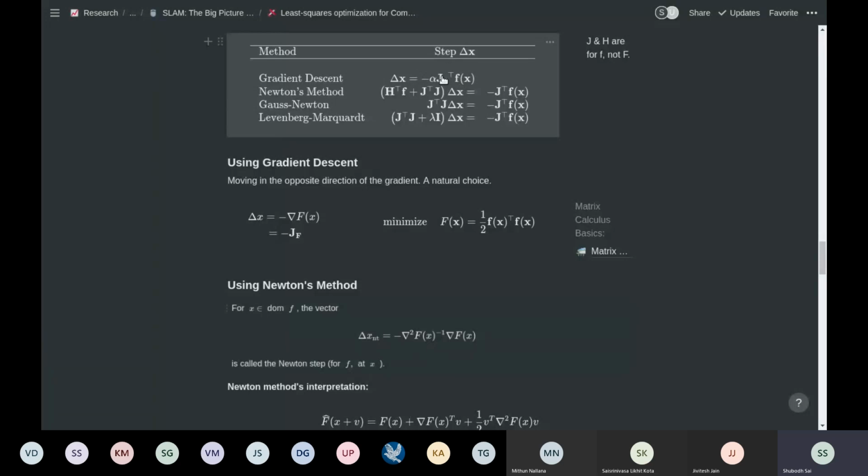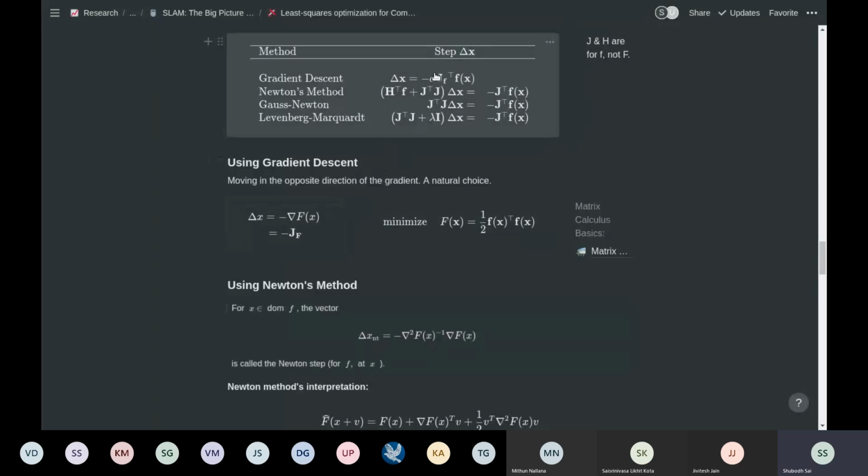Derivative of Jacobian is Hessian of small f. If it's sounding confusing because of f and capital F, put it on paper and you should be able to understand what I'm saying. So you'll end up with j transpose j plus Hessian transpose f if you're taking a derivative of this equation.